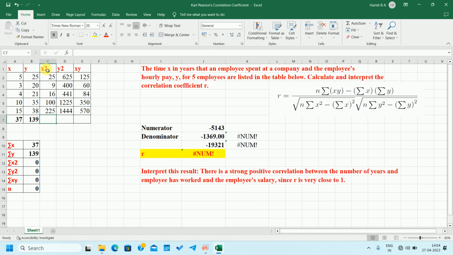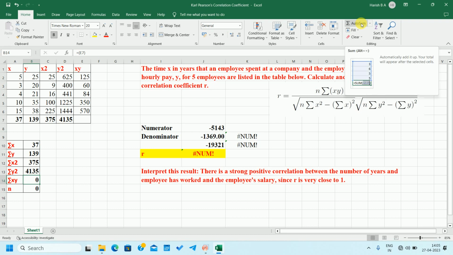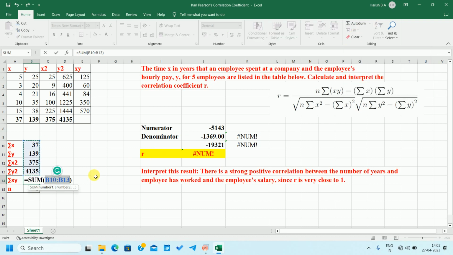Next, sigma X square. So it is 375. Next, sigma Y square. So that is 4135. Next, sigma XY. That is 4686.